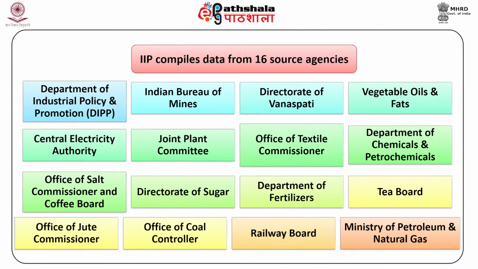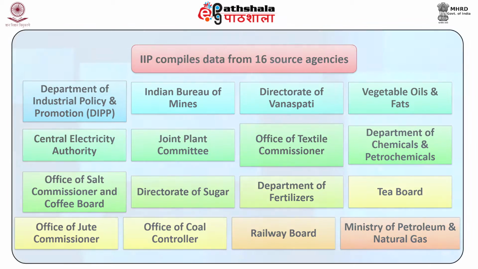Department of Industrial Policy and Promotion, that is DIPP, Indian Bureau of Mines, Directorate of Vanaspati, Vegetable Oils and Fats, Central Electricity Authority, Joint Plant Committee, Office of the Textile Commissioner, Department of Chemicals and Petrochemicals, Office of Salt Commissioner and Coffee Board, Directorate of Sugar, Department of Fertilizers, Tea Board, Office of Jute Commissioner, Office of Coal Controller, Railway Board, Ministry of Petroleum and Natural Gas.